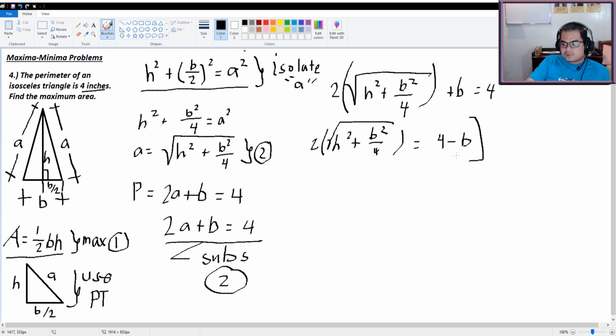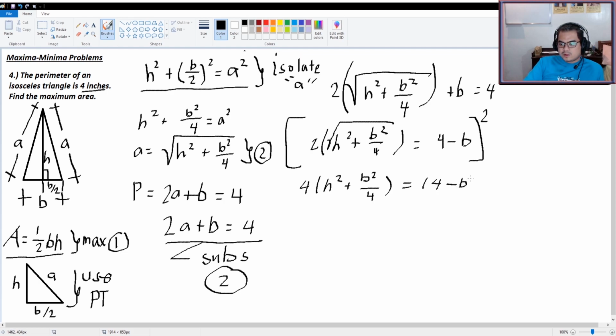And then, of course, square the whole equation. Therefore, you'll have here 2 squared, that will now be 4, and then the square root here will be cancelled. So this now will become H squared plus B squared over 4. And this will become now 4 minus B squared. Next, distribute 4.